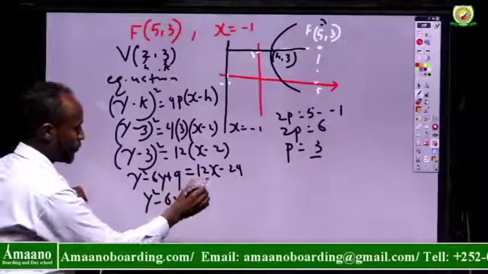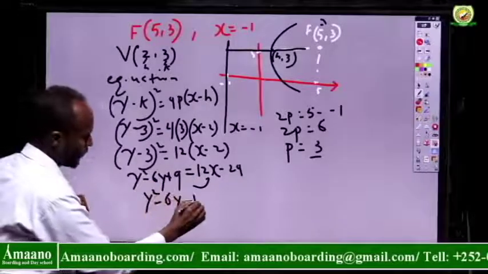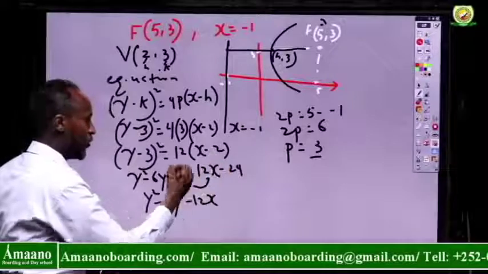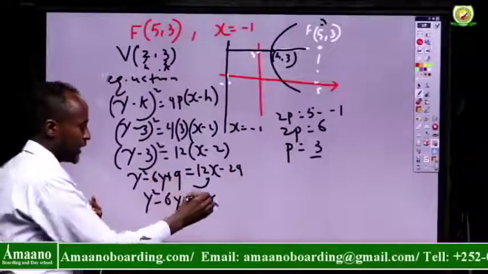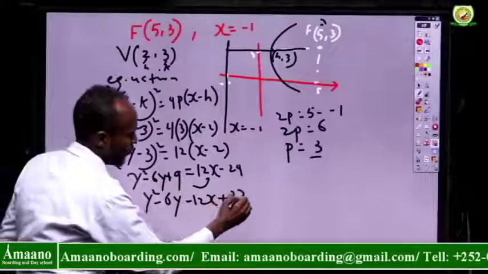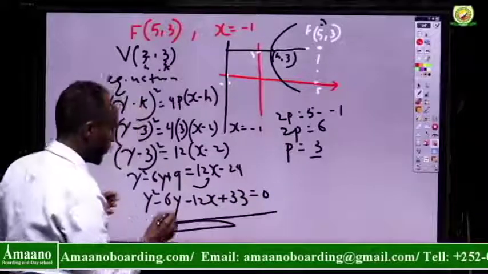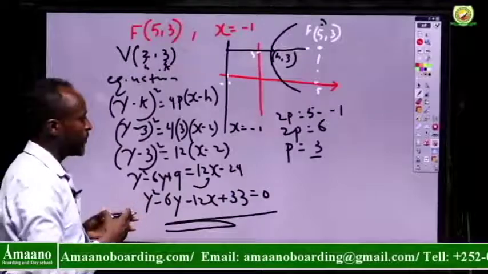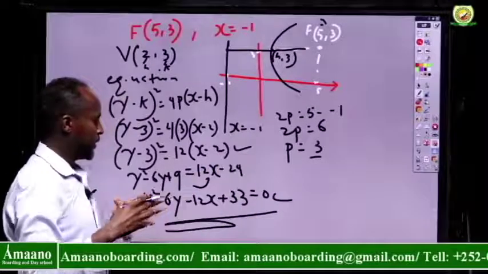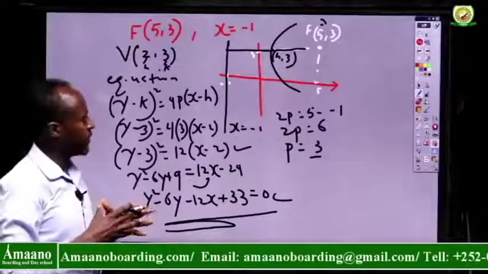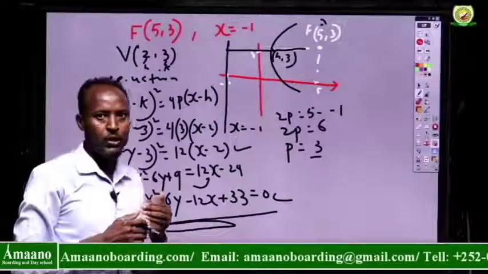If we take 12x to this side, we have -12x. Taking 24 to the other side, it becomes positive. 24 plus 9 is 33. Here we have equals 0. This is our general equation for the parabola. Therefore, this one is the general equation, and here we have the standard equation.